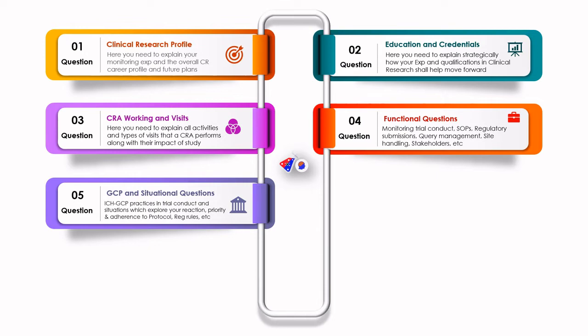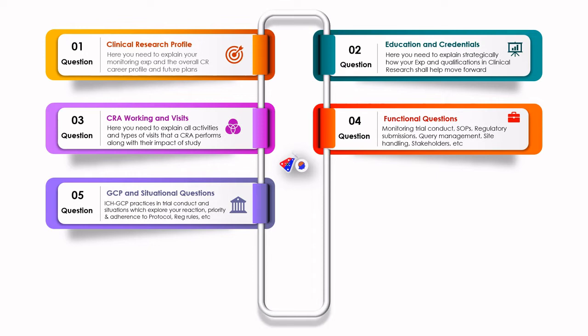For example, they can tell you that you are under a lot of pressure to recruit 100 subjects and you have completed 99 subjects, and there is one subject who does not qualify the age criteria, but he produced a fake certificate, and you can enroll this subject. Or they can give you any other kind of scenario.